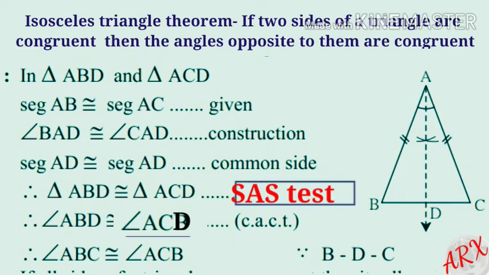Therefore, triangle ABD is congruent to triangle ACD by SAS test. Therefore, angle ABD is congruent to angle ACD by corresponding angles of congruent triangles. Therefore, angle ABC is congruent to angle ACB because B-D-C means B, D and C are collinear.